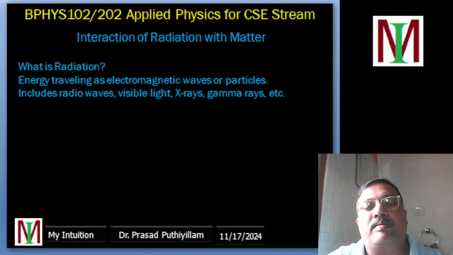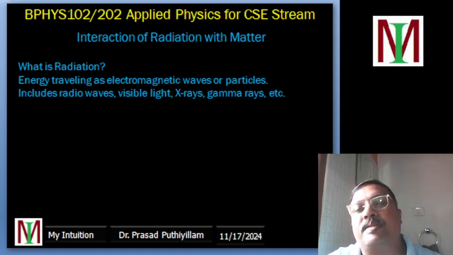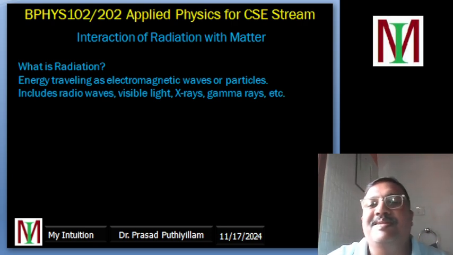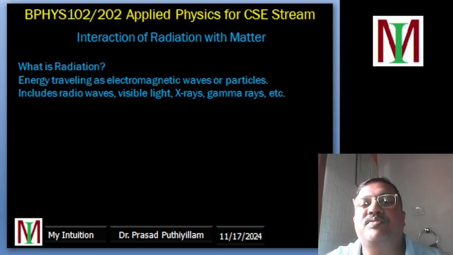Okay. Now moving to the next topic, the interaction of radiation with matter. What is radiation? That everyone knows. It refers to the energy which travels through space in the form of electromagnetic waves or particles.